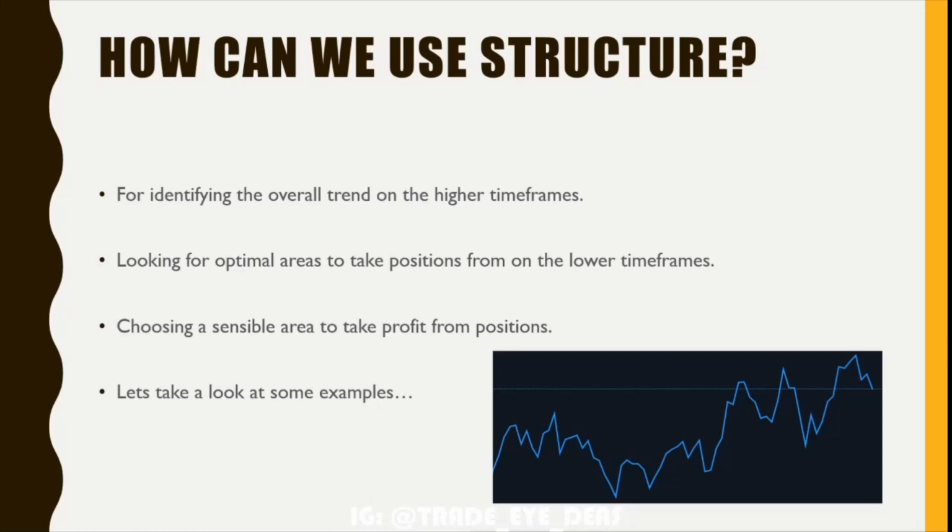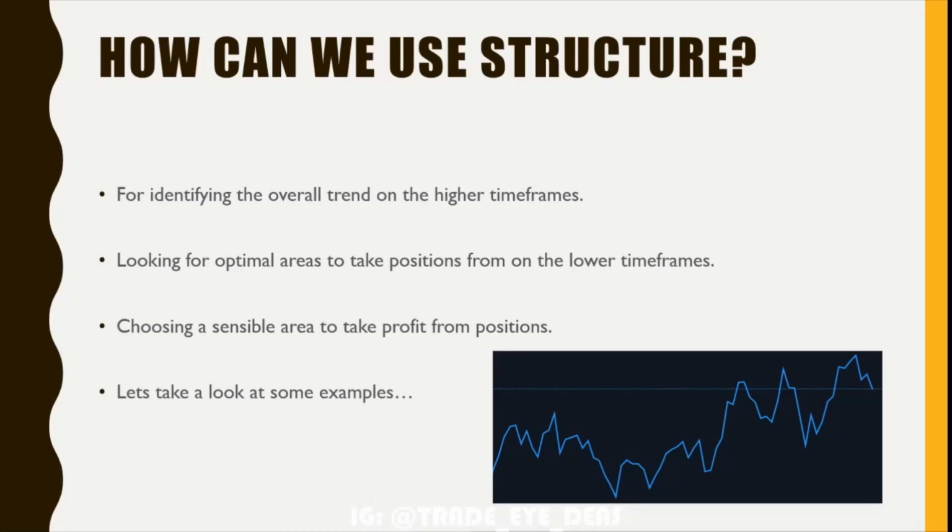Okay, so we can also use it for looking for optimal areas to take positions from on the lower time frames. So when you've got the higher time frame structure, you'll often find that the lower time frames, for example the 30-minute and 1 hour, will respect these higher time frame structure levels. But the lower time frames will also form structure levels like we saw on the previous slide, the peaks and troughs.